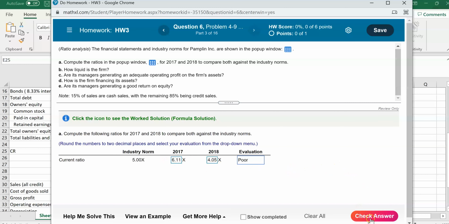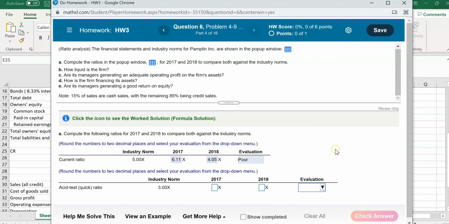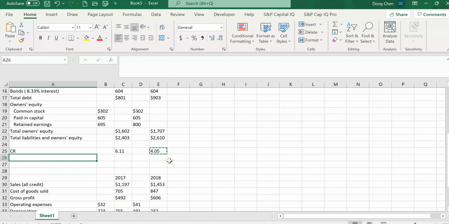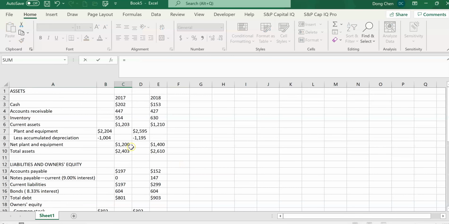So now let's check our answer, and I think we can proceed from there. Okay, and then acid test ratio, which is also called quick ratio. Again, the rounding requirement is to round to 2 decimal places. Same thing as current ratio. So acid test ratio is defined to be, let me call that quick ratio here, the numerator.